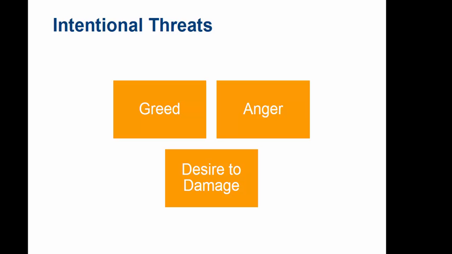They don't like how you're making money. They don't like how you do your sales. They'll find something that they don't like. And so basically some attackers just want to cause damage. The result is the same as if an attacker is motivated by anger. It can result in a loss of availability. So you see where I can put all of these three pretty much in the same category.